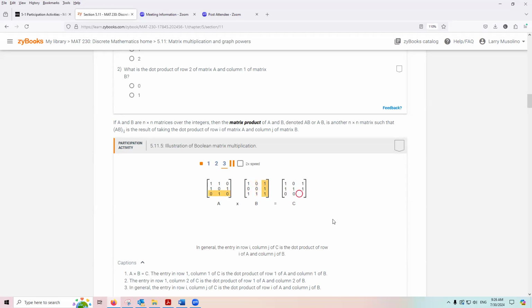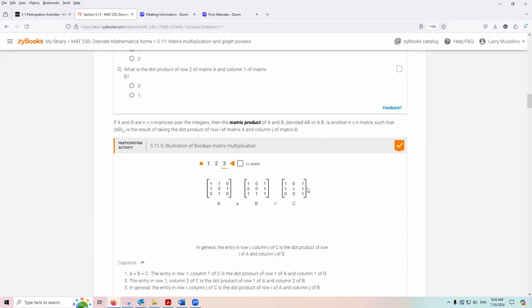So the way to do this matrix multiplication, again, it's a little messy, is you take each row in matrix A and multiply it with a dot product setup for each column in matrix B. Okay, so maybe you can try this example yourself, and again, follow the animation here.